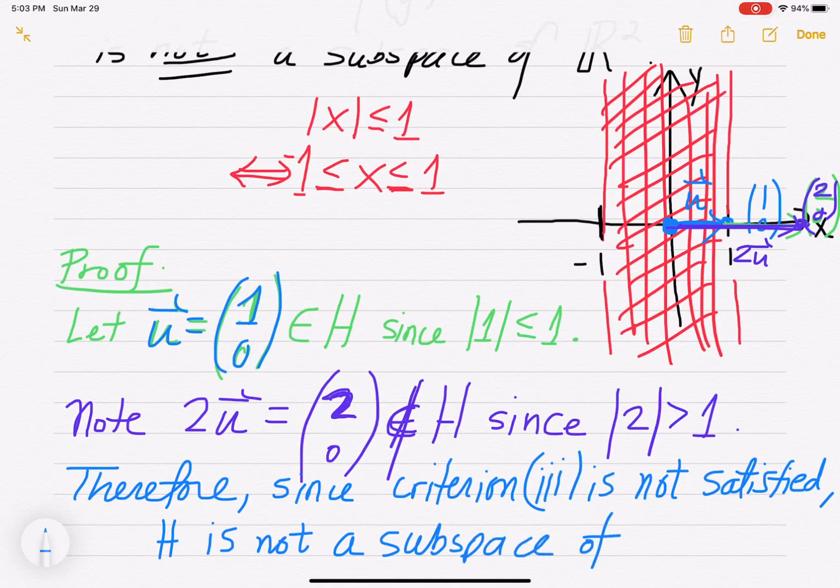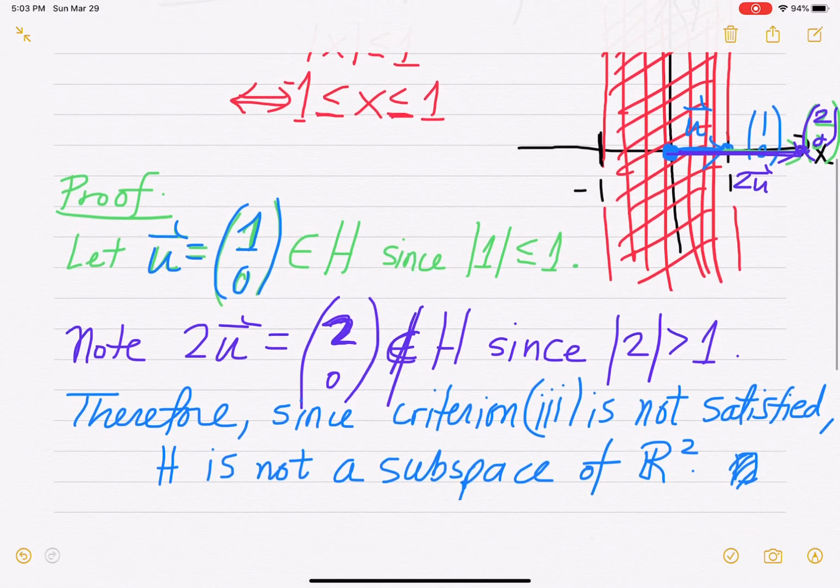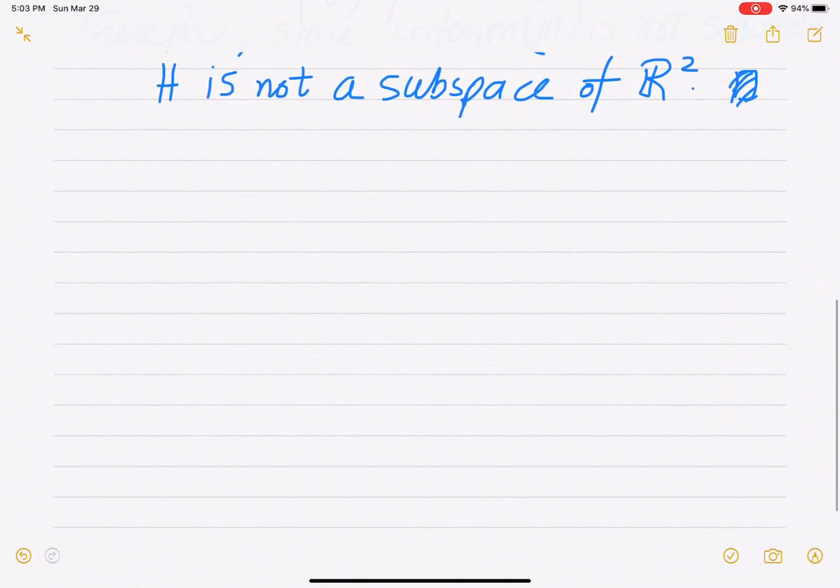It's a subset of R2, right? It lives in R2, but it's not actually behaving like a vector space. Okay, so that's one example where we don't actually have a subspace, you just have a subset.